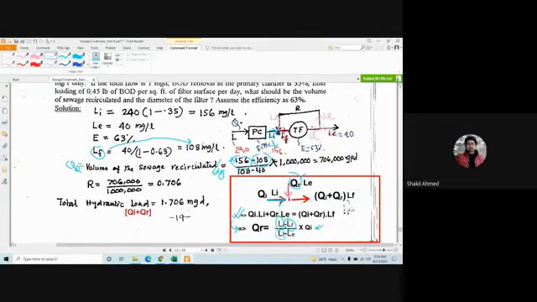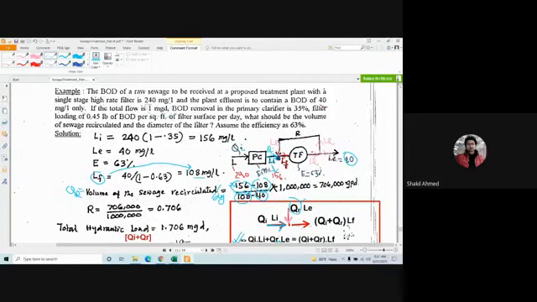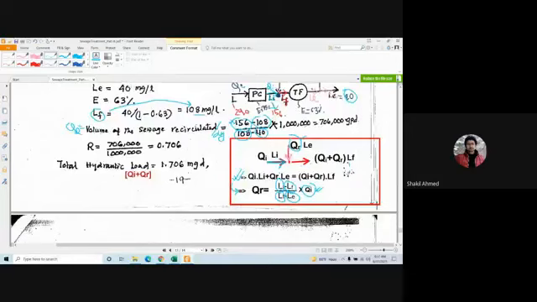LF is 108, and LE is given, that's 40. This is 40, multiplied by QI. What is QI, guys? QI is 1 million gallon per day. That means 1 into 10 to the power 6 gallon per day. Clear?